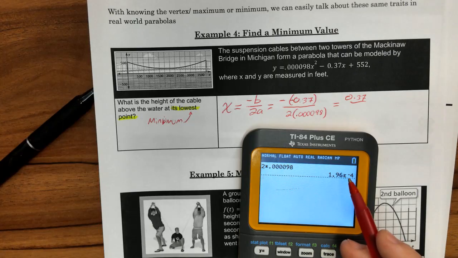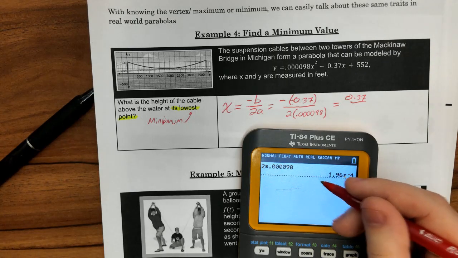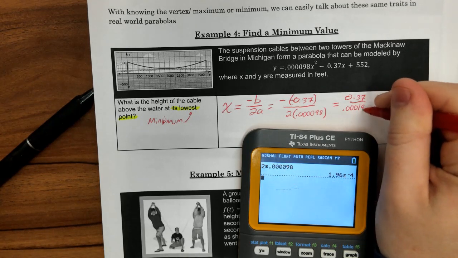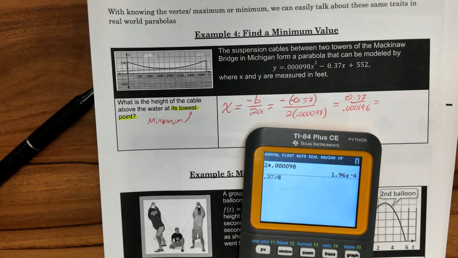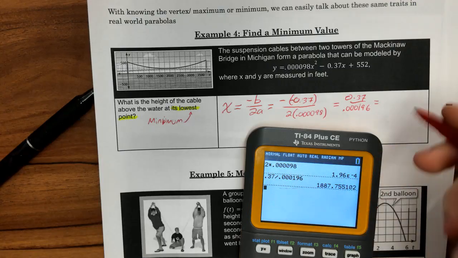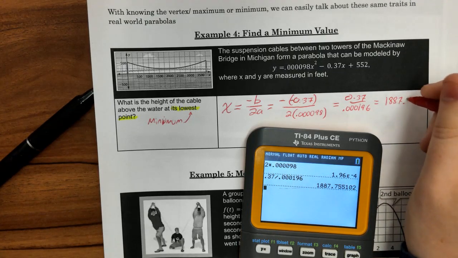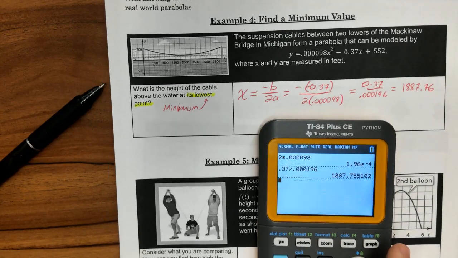E to the negative 4th tells you how many movements you have to do for the decimal place. So this tells us we have to move the decimal 4 places to the left, so it'll be 0.000196. If we do 0.37 divided by 0.000196, we get this.